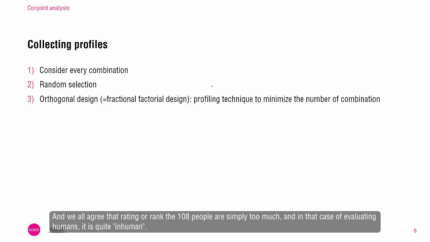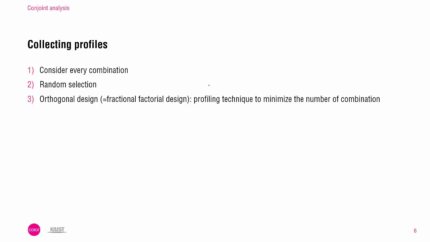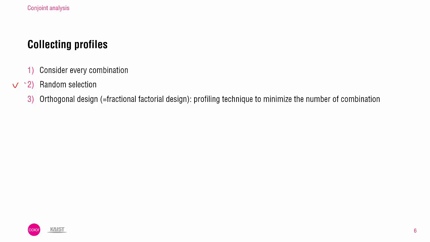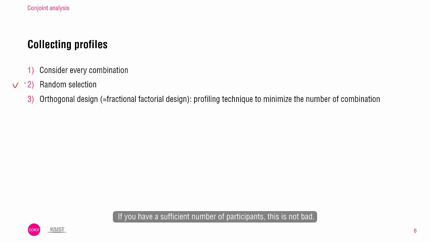In this particular case, it's even inhuman. Secondly, it is random selection. You randomly select 20 or 30 men, present these people to your participants, and ask them to rate each of them or order them. If you have a sufficient number of participants, this is not bad.